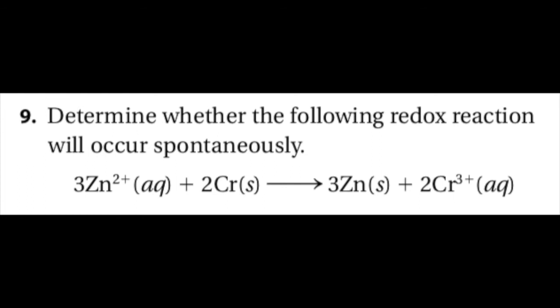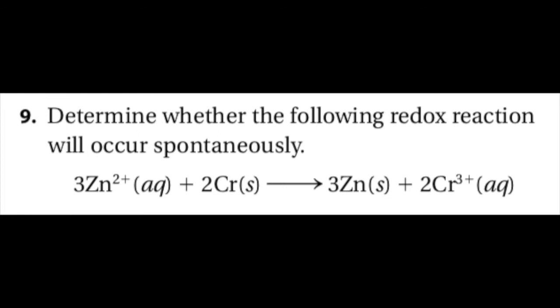Now you look up the two reduction potentials. You look up zinc plus 2 to zinc 0, that reduction potential. And you look up chromium plus 3 to chromium metal, that electrode potential.